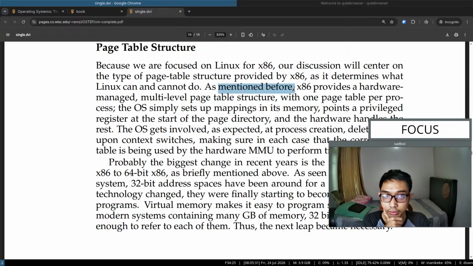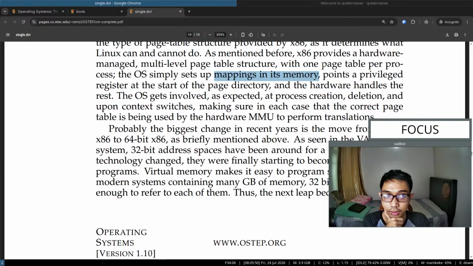As mentioned before, x86 provides a hardware-managed multi-level page table structure with one page table per process. The operating system simply sets up mappings in its memory, points a privileged register at the start of the page directory, and the hardware handles the rest.